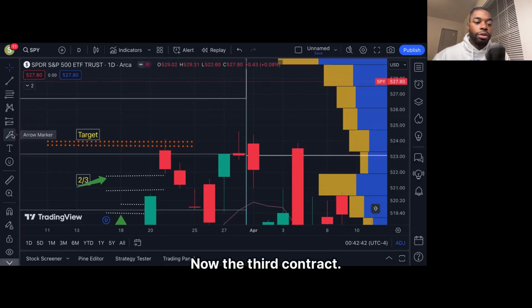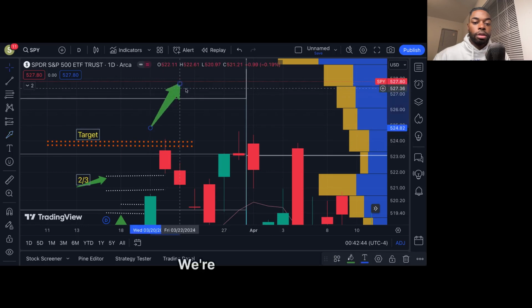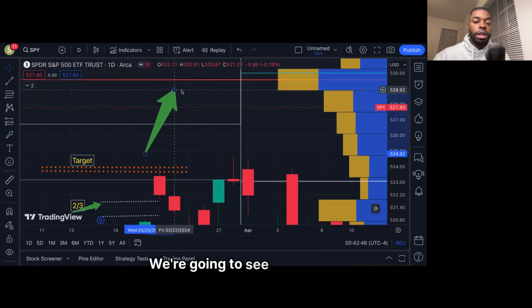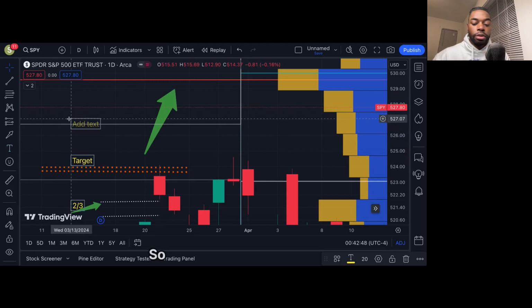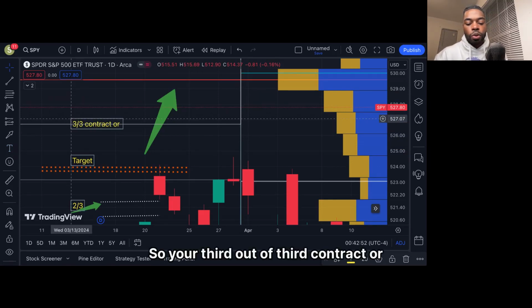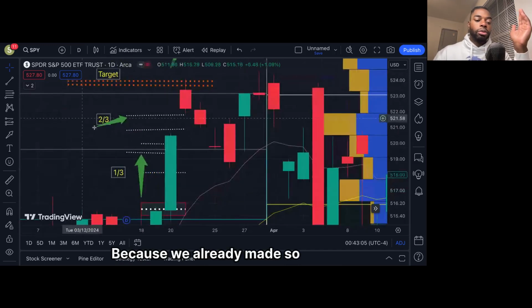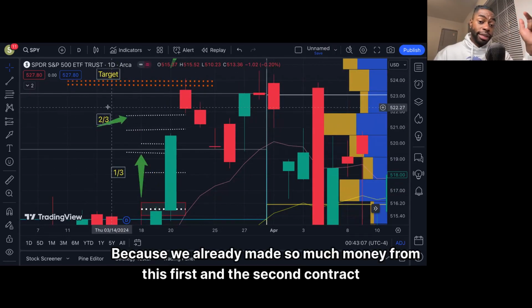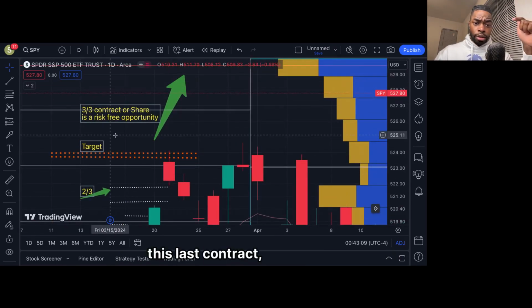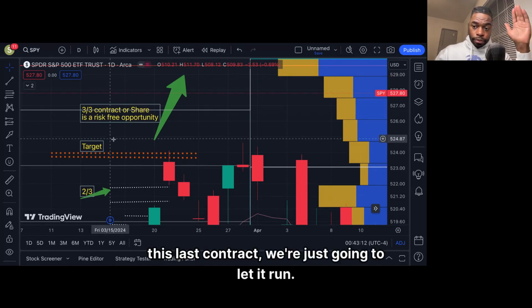Now the third contract, we're just going to let it go. We're going to see how far it can go. So your third out of third contract or share is a risk-free opportunity. Why? Because we already made so much money from the first and the second contract that this last contract, we're just going to let it run.